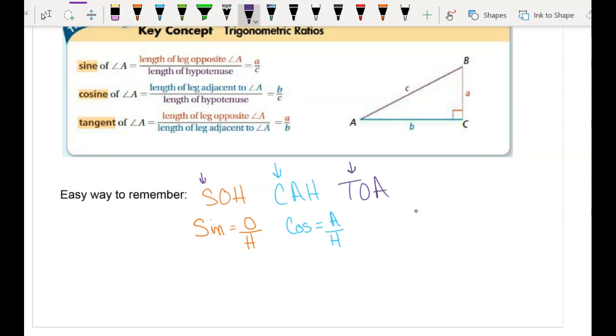And T, toa, tangent is equal to opposite over adjacent. So whenever you're struggling to remember the trigonometric ratios, just think of Princess Sokotoa.